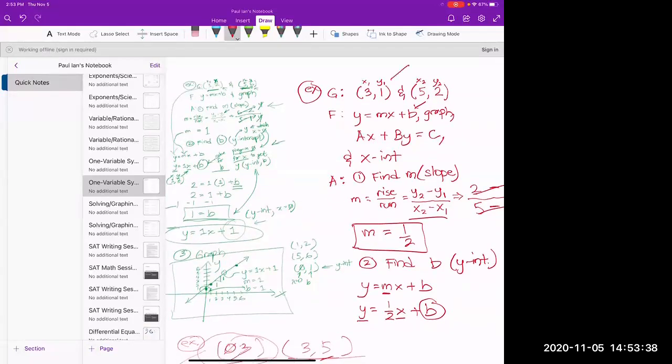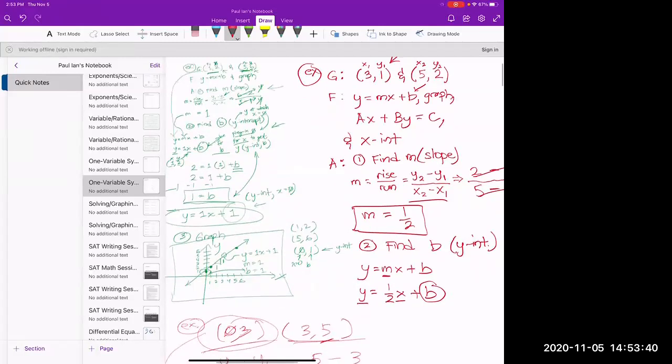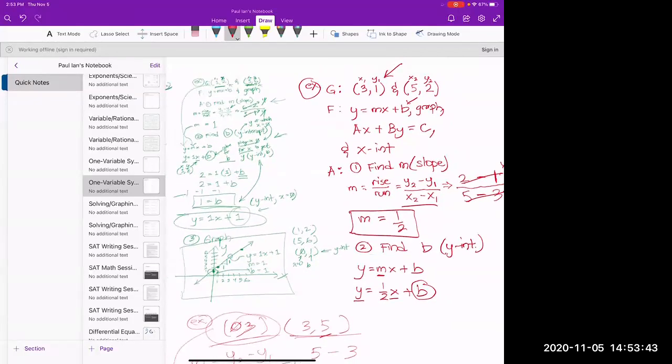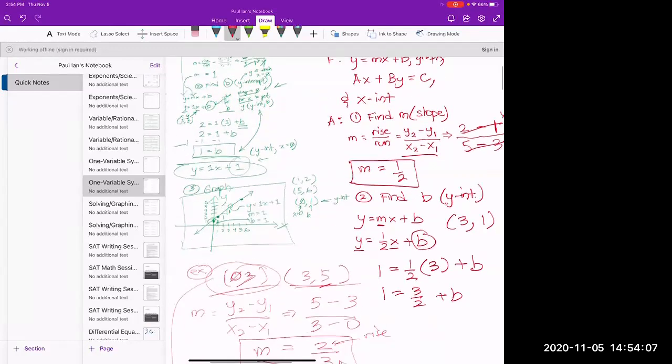So let's plug in one of the points because the line is supposed to pass through the point, right? Yeah. So let's make x 3 and let's make y 1. So 1 equals 1/2 times 3 plus b. Yeah? Yeah. So that's 1 equals 3/2 plus b. Solve for b. 1 minus 3/2 equals b. That's just 1.5.